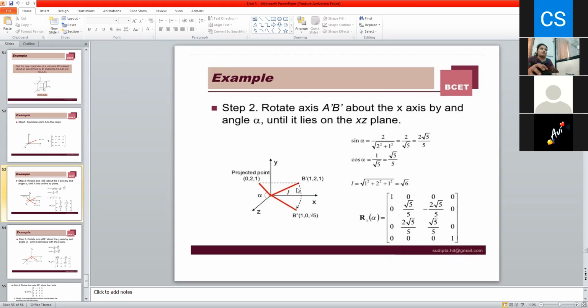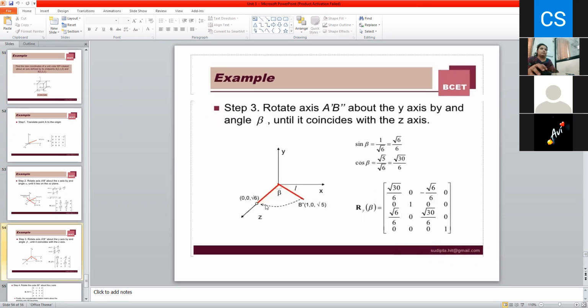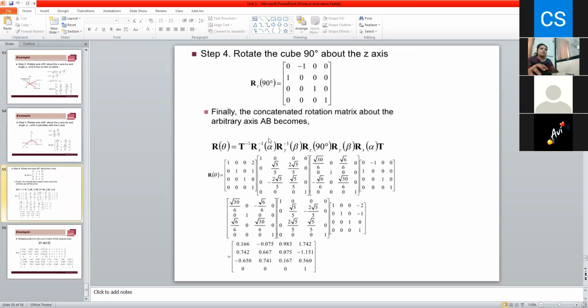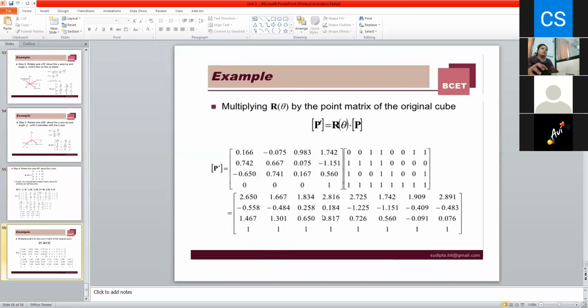Then rotation about x, rotation about y, and then finally it will coincide on z. So rotation about z is carried out with the specified angle. 90 degree rotation करायचं आपल्याला. So 90 degrees applied for rotation about z, and then inverse translation will give you this final result. Okay.